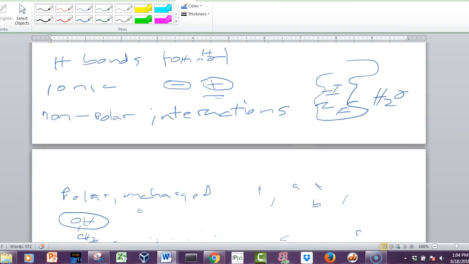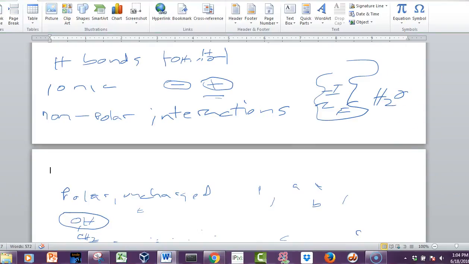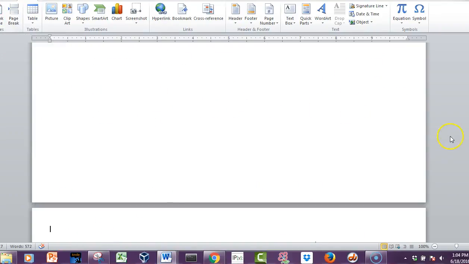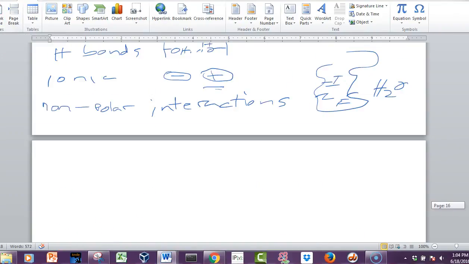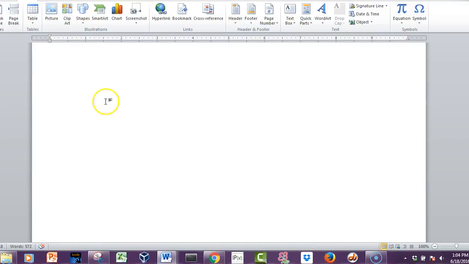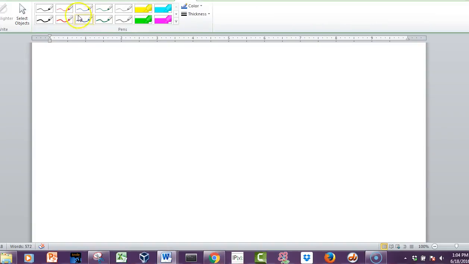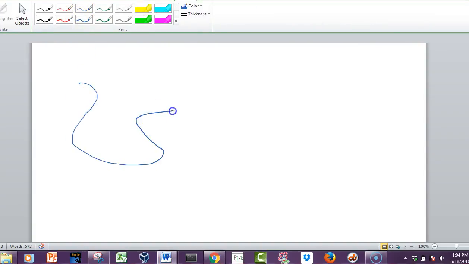And then the last type of bond that you'll see, there's one example. So peptide bonds are covalent bonds, but when we're talking about holding together the three-dimensional structure, we're talking about these kinds of bonds between R groups in the protein.